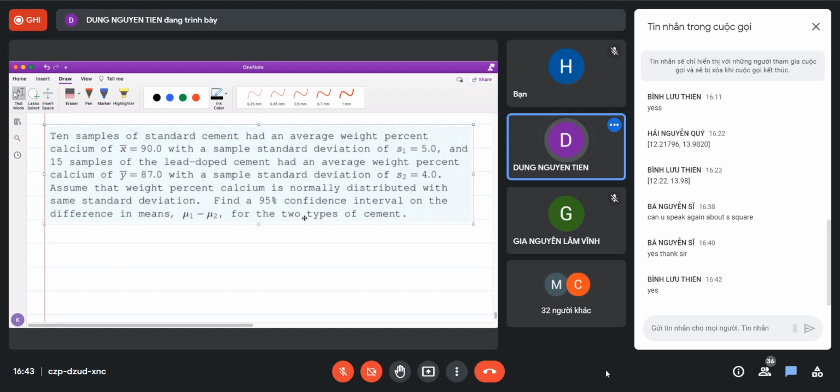Assume that the weight percent calcium is normally distributed with the same standard deviation. Find a 95% confidence interval on the difference in means for the two types of cement.